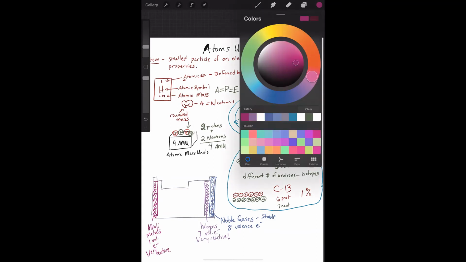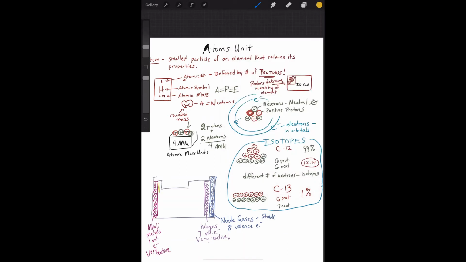And right next to them, I've got this group right here. These are my alkali earth metals. They have 2 valence electrons, and they are also very reactive.